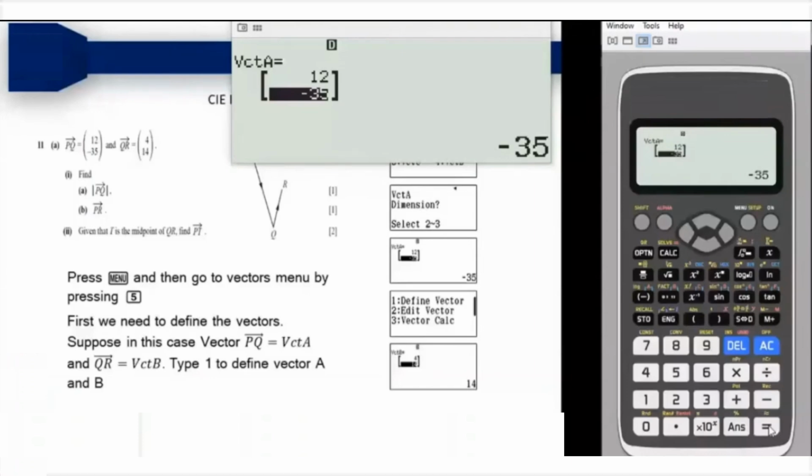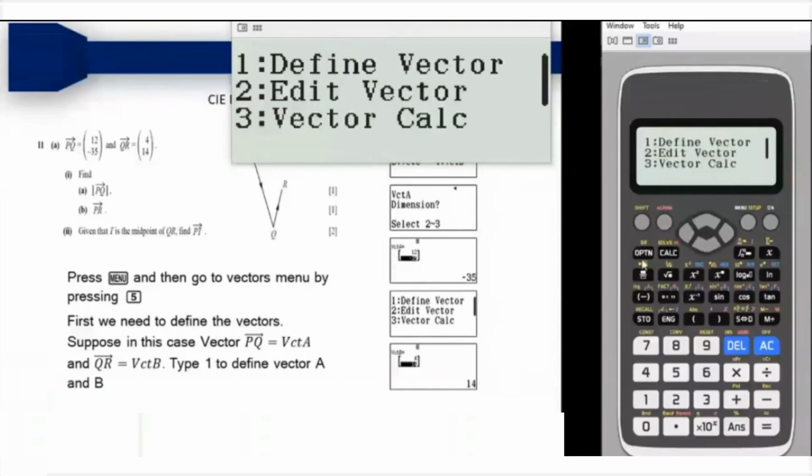Now I have to define the other vector. So to do that, I will press the OPTN button, the option button. The calculator is asking me, do I need to define further vectors? Do I need to edit vectors or do I need to calculate vectors? I need to define more vectors.